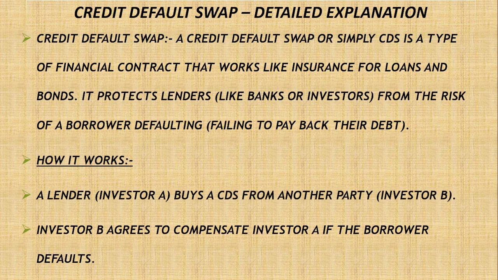Credit default swap, detailed explanation. Credit default swap, or simply CDS, is a type of financial contract that works like insurance for loans and bonds. It protects lenders like banks or investors from the risk of a borrower defaulting, that is, failing to pay back their debt.